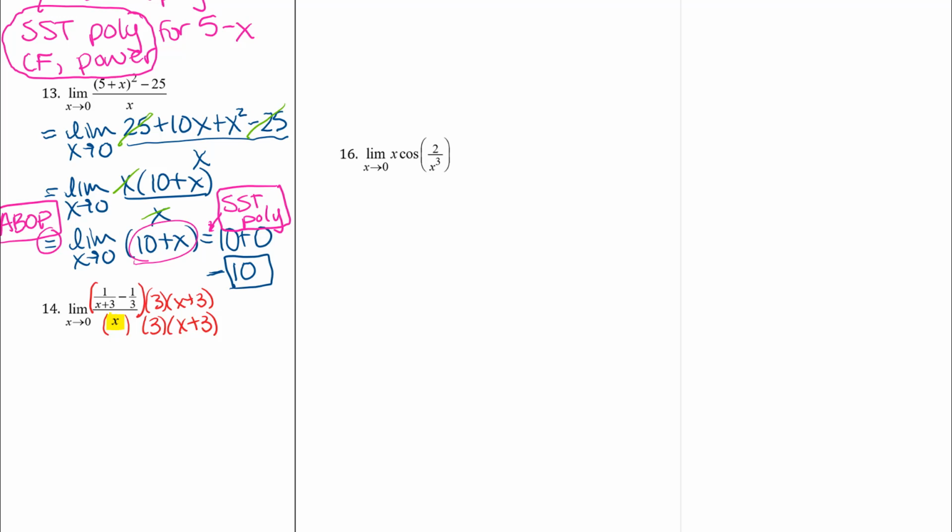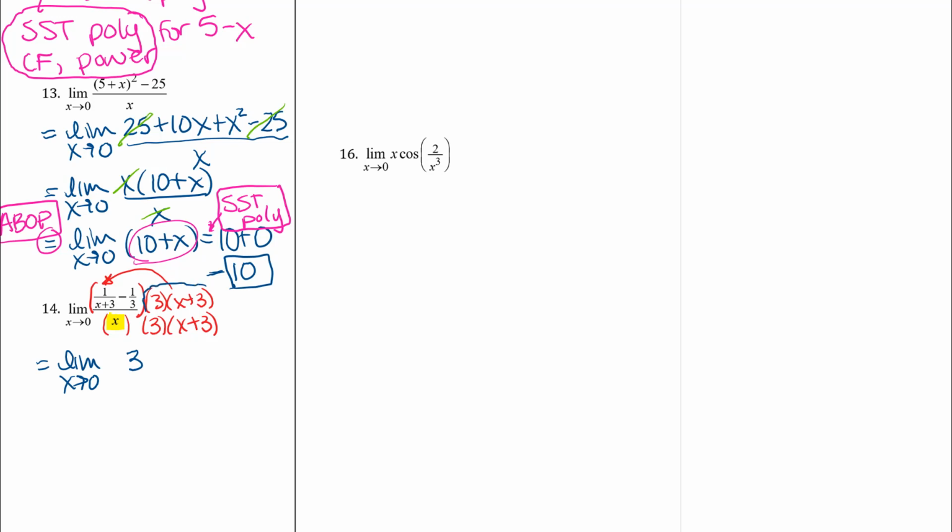What happens when I do that on the numerator? When I multiply 3 times x plus 3 to that first fraction on the numerator, the x plus 3's will cancel, and so I will just be left with 3.